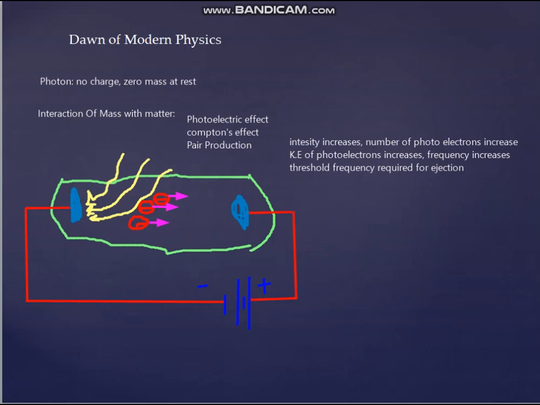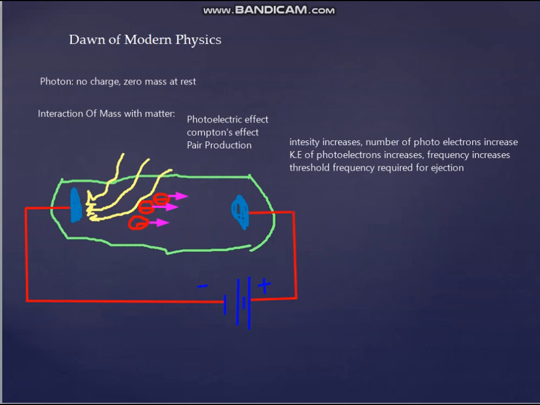When we give them energy to eject from the surface of the metal, if there's an excess amount of energy, beyond the threshold energy, which is the minimum amount required, that difference would be converted into the kinetic energy of photoelectrons. So we'll calculate it like this.